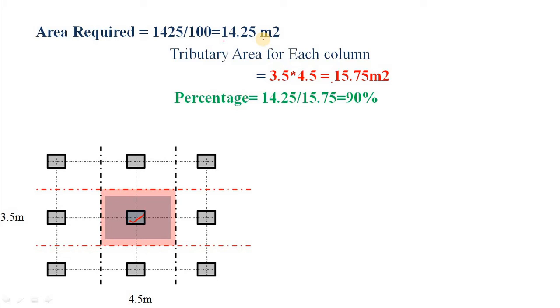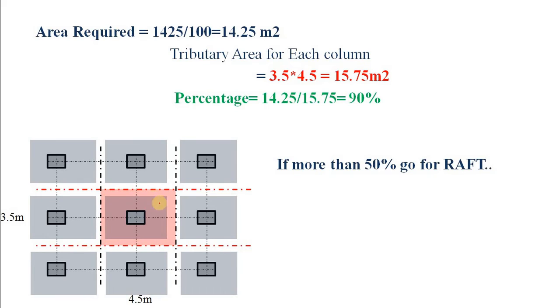So you can say that almost 90% of your tributary area is required as your foundation slab area. So is it okay? Let's provide a footing under each column. It looks like this after providing. So you can say that very little area is remaining, and you decide to provide the Raft foundation.